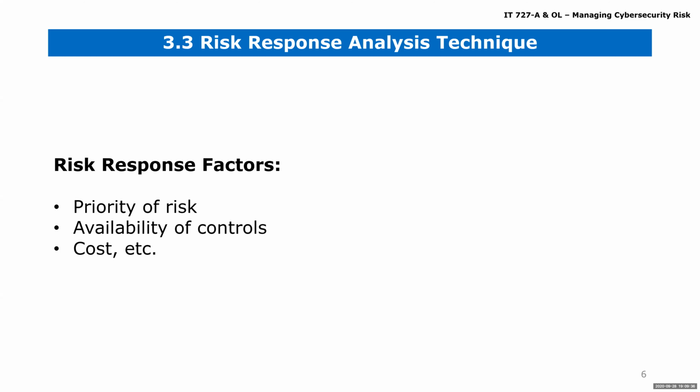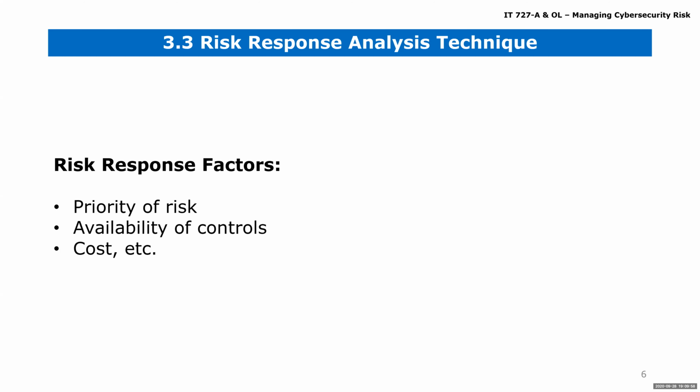Again, ranking the risk doesn't necessarily mean the high risk should always be the first to be responded to. It depends. You can identify a risk as high, but when it comes to your response, certain things might come into the picture, maybe cost.